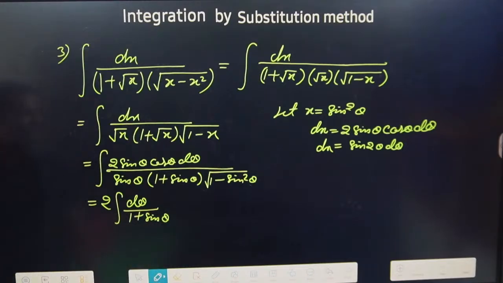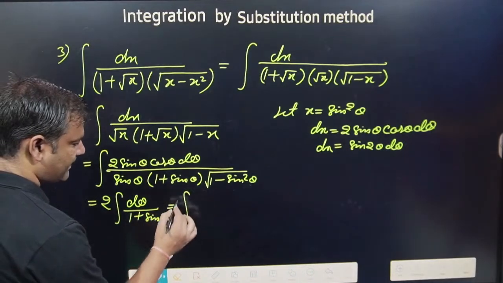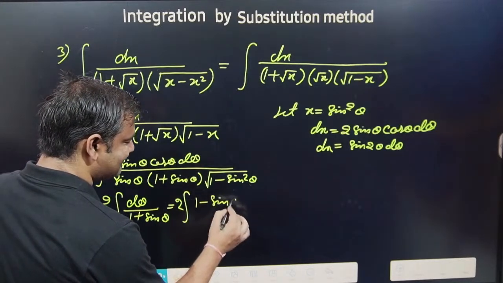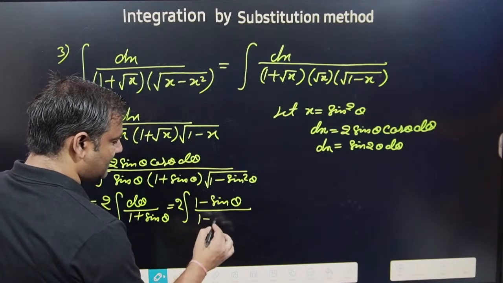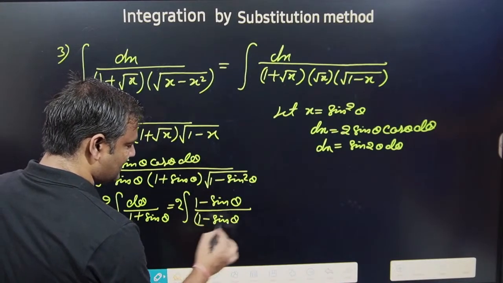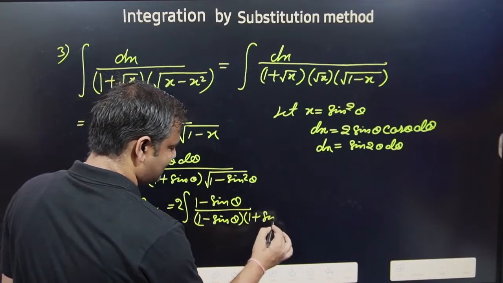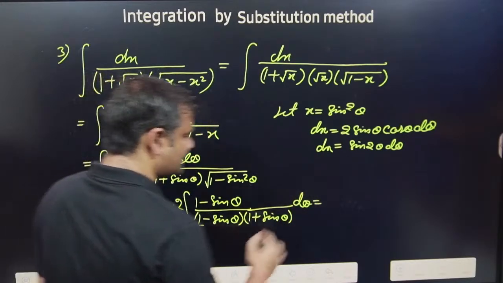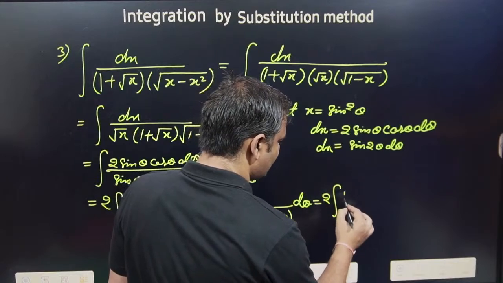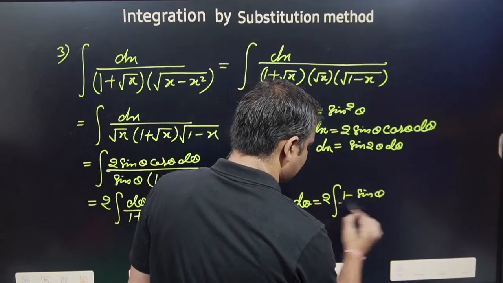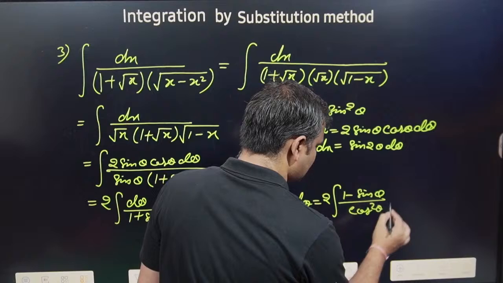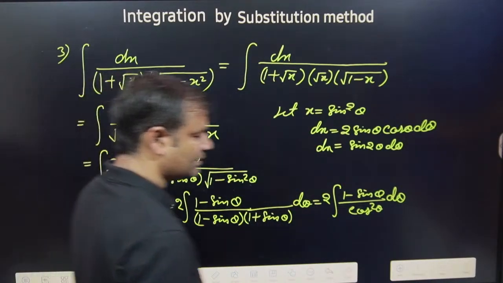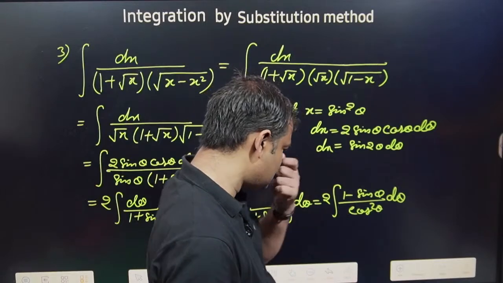Now multiply and divide by 1 minus sin theta. Then we get 2 times 1 minus sin theta divided by cos square theta d theta. Now look here very carefully.